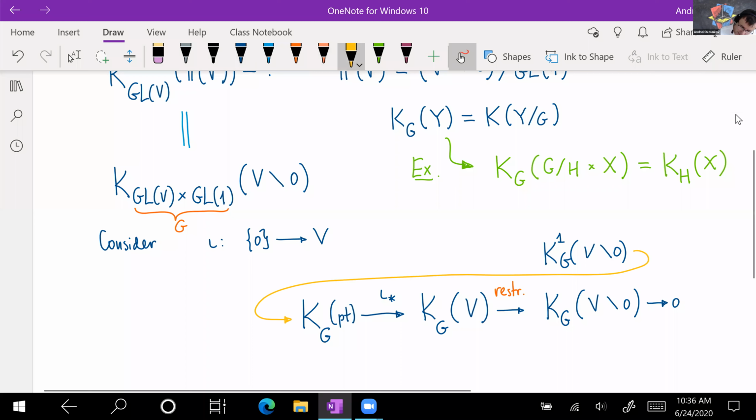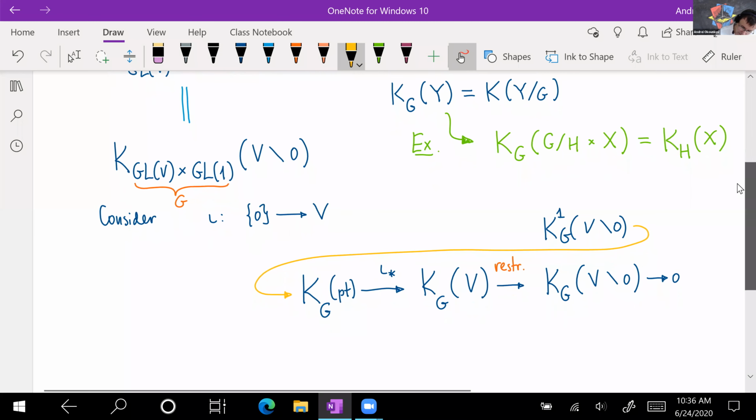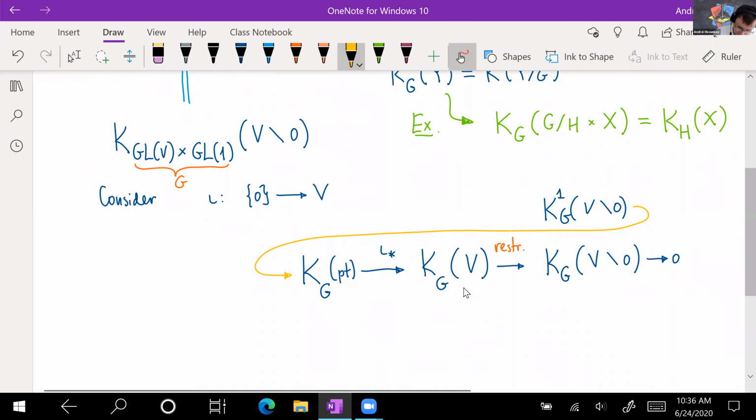Okay. Now, what is this? We want to know what is this step here.